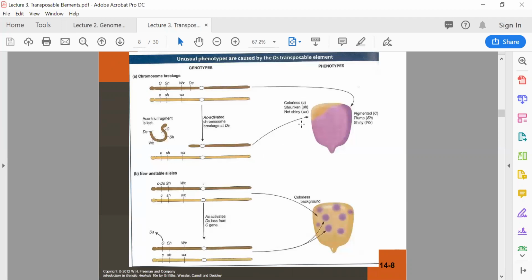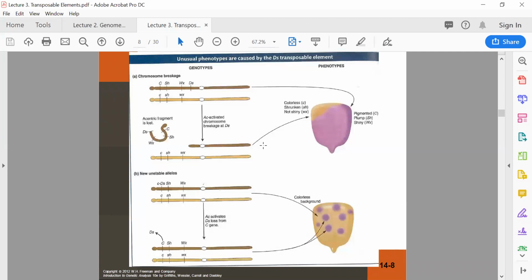In other words, when this kernel was first developing, one of the cells in which this chromosome breakage occurred would divide to produce more cells in the developing kernel, and each of those daughter cells would also have only part of this chromosome 9.